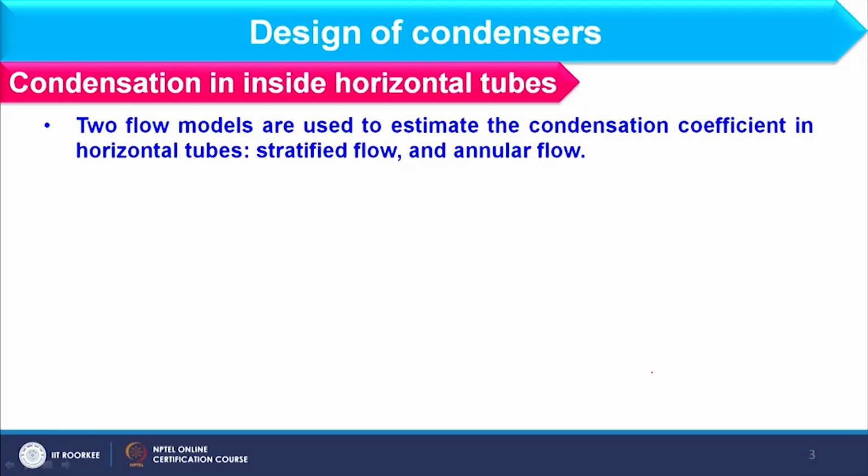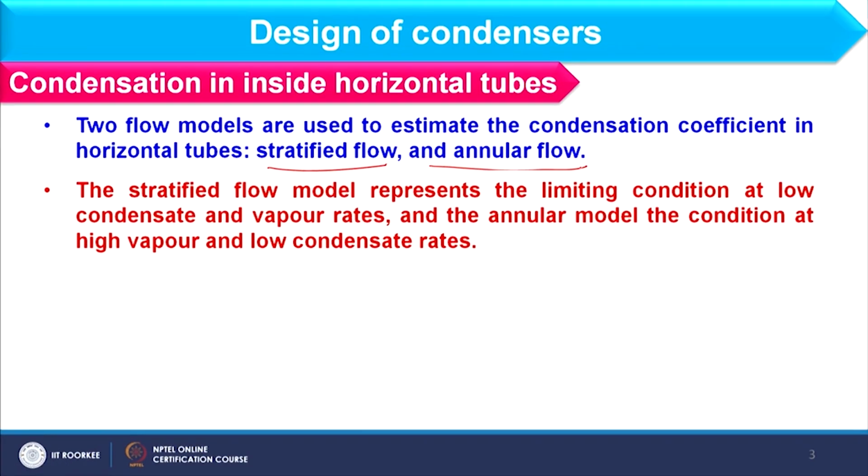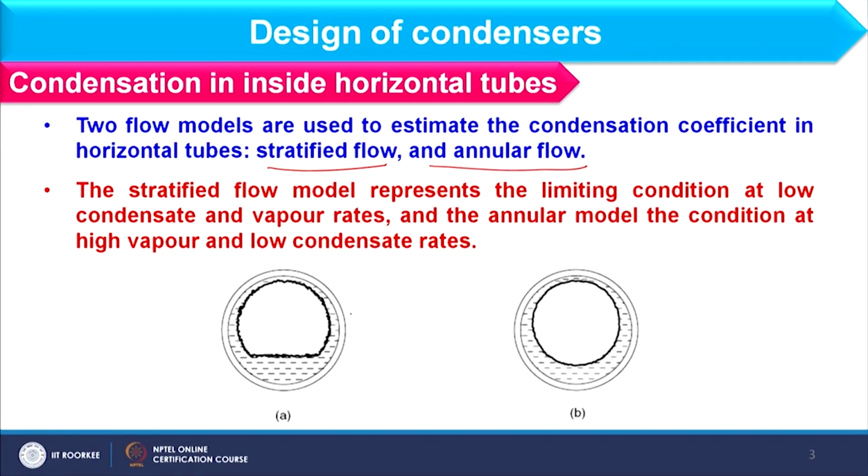Okay. To consider that, we can have two models, the first model is the stratified flow and the second is the annular flow. Okay. And a stratified flow basically looks like this, where more condensate is available at the bottom and less condensate is available at the top of the inner surface of the tube.